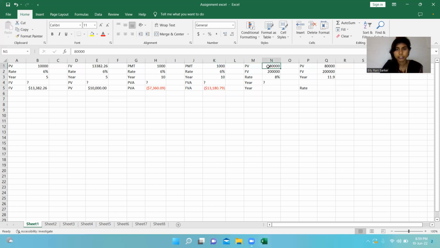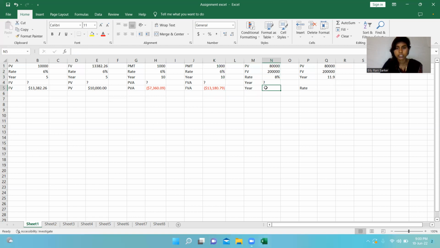Then we calculate the year. Here the PV is equal 80,000 and FV is equal 2 lakh and rate is 8%, year is equal what?